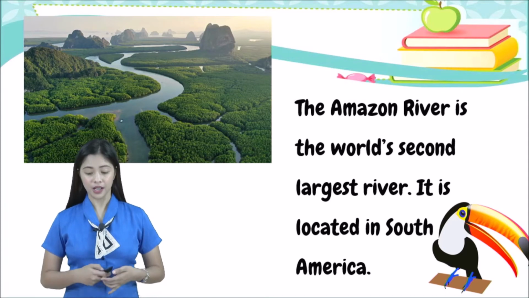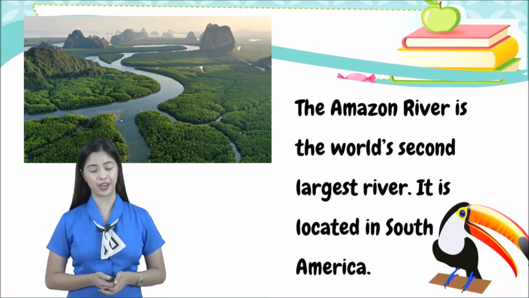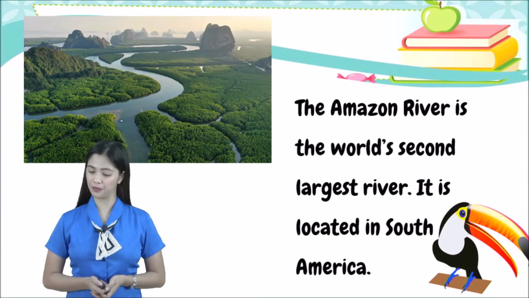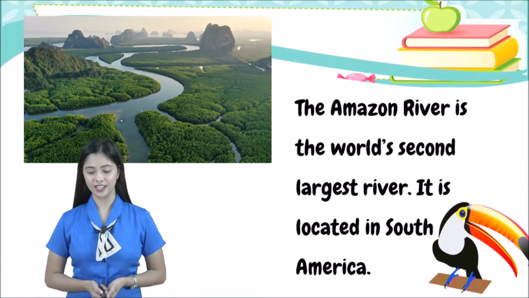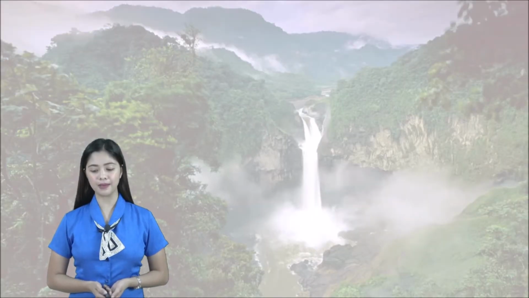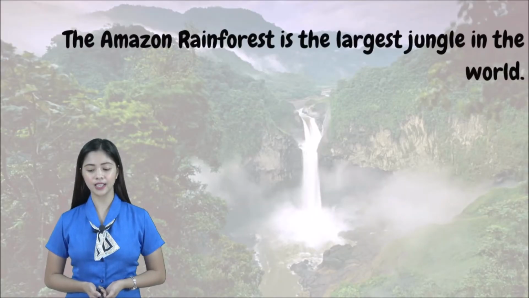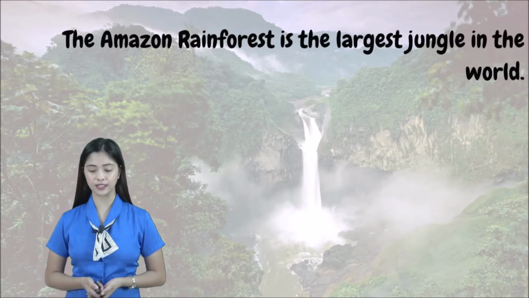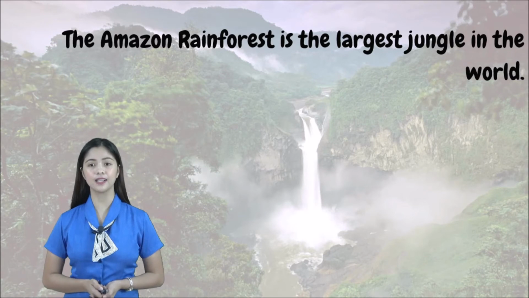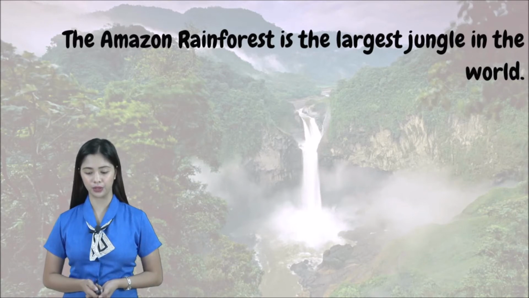But first, kids, have you seen a rainforest? Yes, some of you yes, some of you maybe not, right? So what is the Amazon rainforest? The Amazon rainforest is the largest jungle in the world.